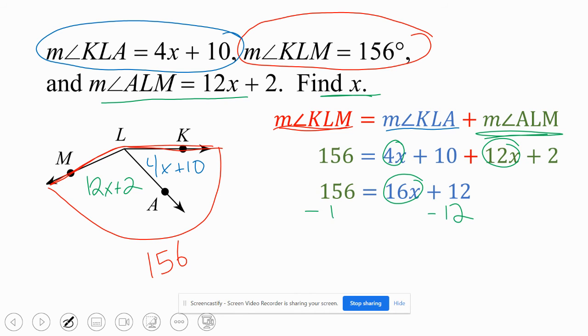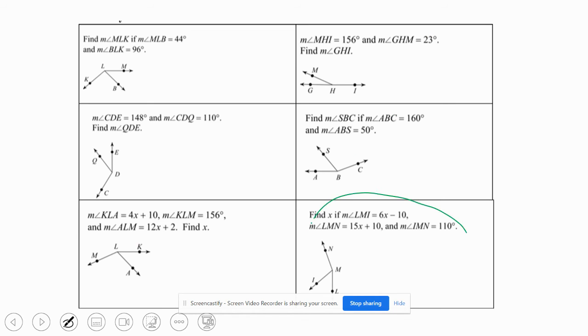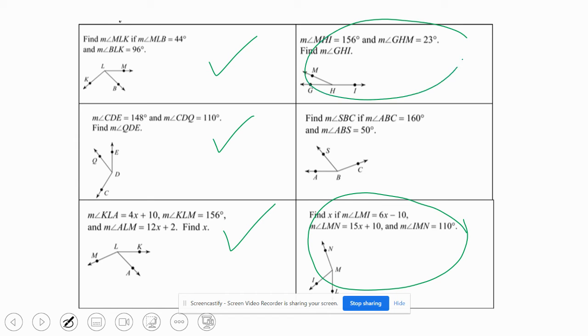Subtract 12 from both sides. 144 equals 16x. Divide both sides by 16 and x equals 9. Okay, so again, feel free to pause the video, watch it again, rewind, and then do this one. So I have done these 3. I want you to do these 3.